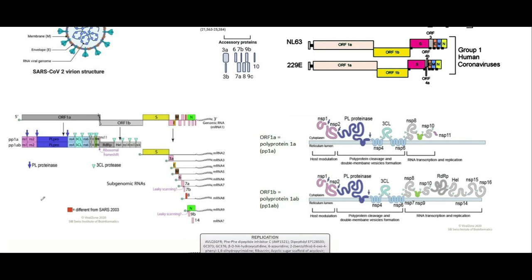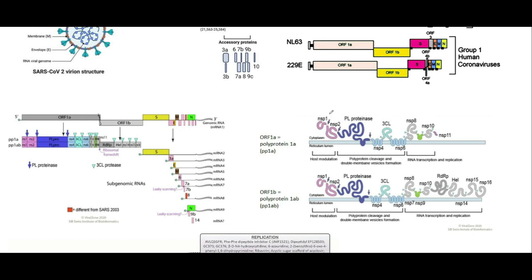Down here I have the two different open reading frames. If the virus is being translated in the first open reading frame, then it translates this entire area, which generates a polyprotein.